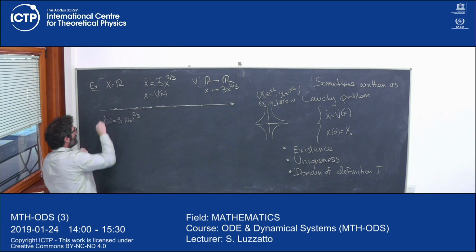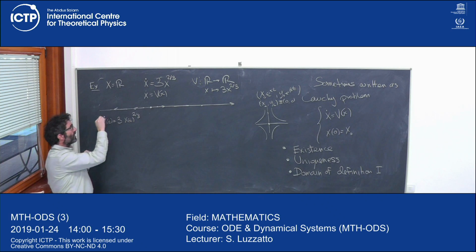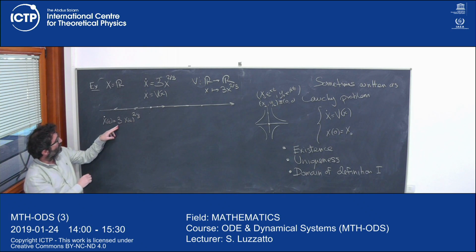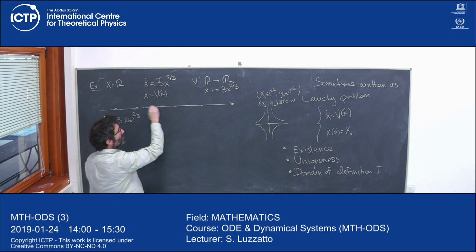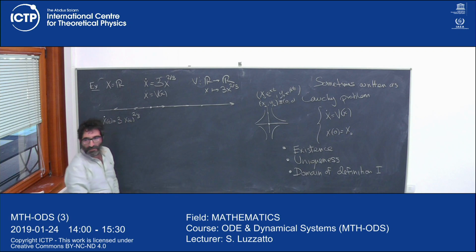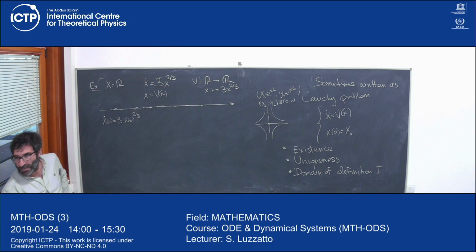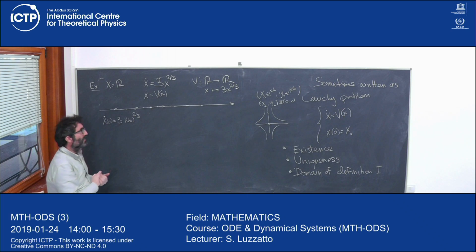We want a function x of t whose derivative is exactly equal to 3 times x of t to the 2/3. So we would like to take some initial condition and flow it, and find some function that satisfies this.